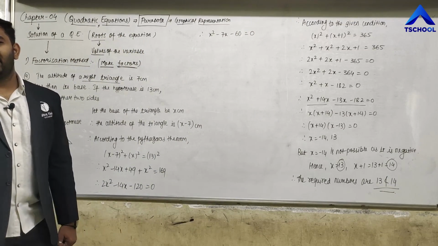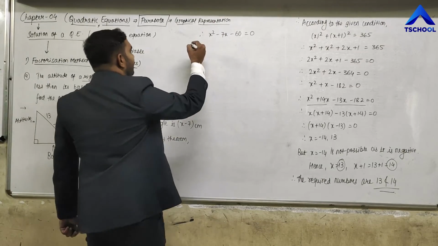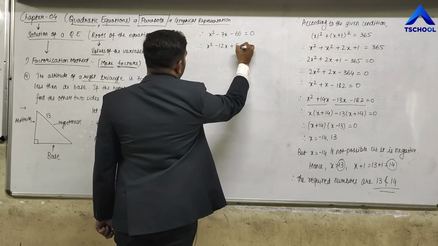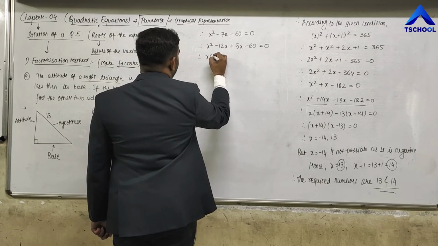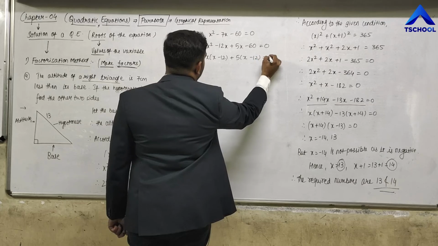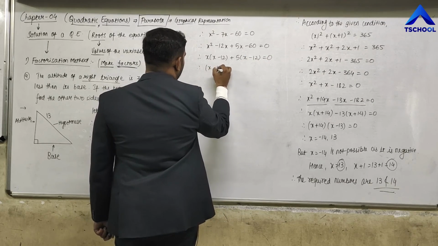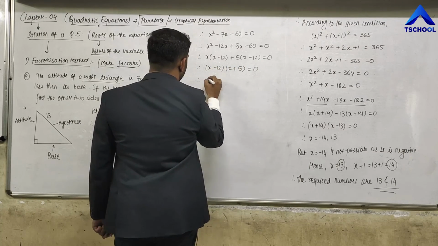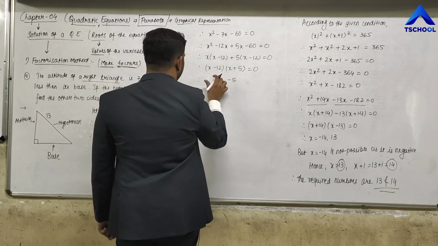So the factors are factors of 60 such that you must get 7, that is 12 and 5. Therefore x square minus 12x plus 5x minus 60 equal to 0. Therefore x into x minus 12 plus 5 into x minus 12 equal to 0. Therefore x minus 12 into x plus 5 is equal to 0. Hence x equals to 12 or minus 5.